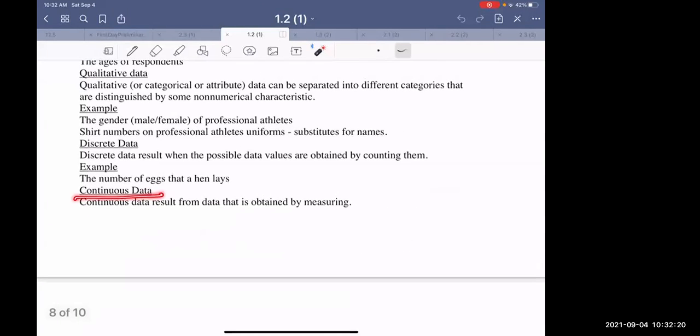If instead you measure to determine the value of your variable, then this is a continuous variable. This will be continuous data.